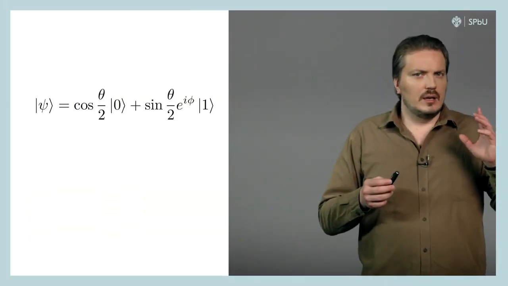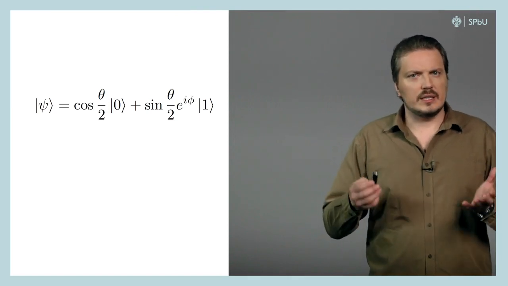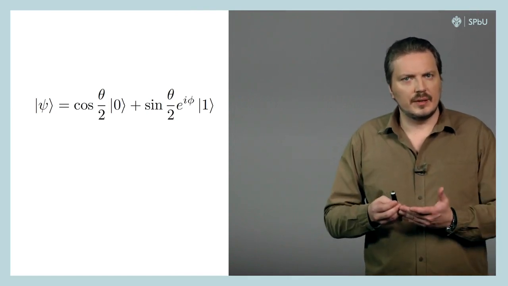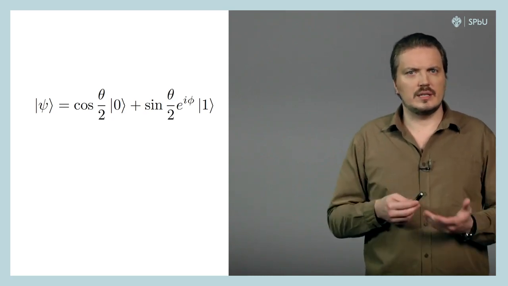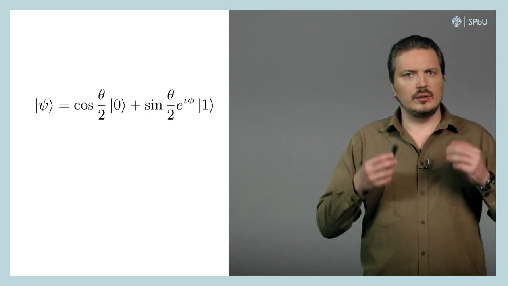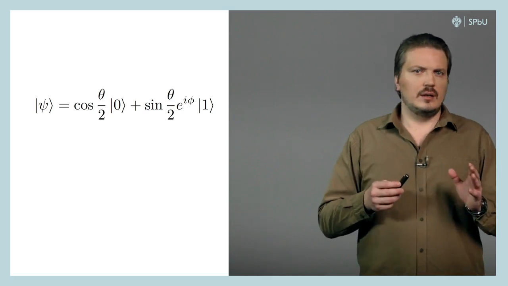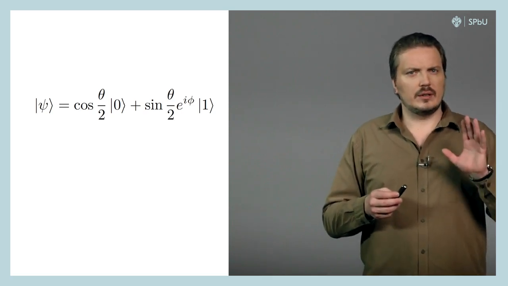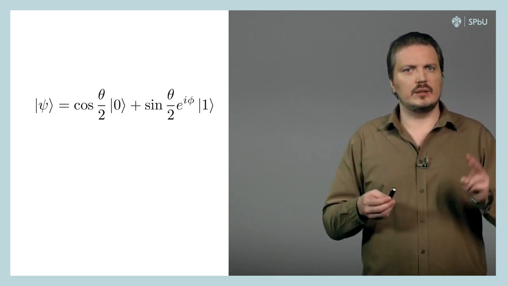Now, having this theta and phi, we can rewrite the state psi like this. You can see that the polarization of a photon in the state space is defined by two real parameters, two angles. Do you remember any coordinate system where the position of a point is defined by two angles?